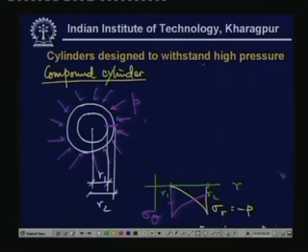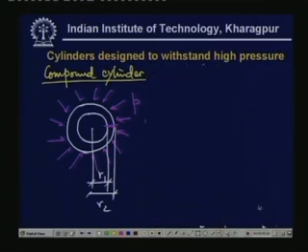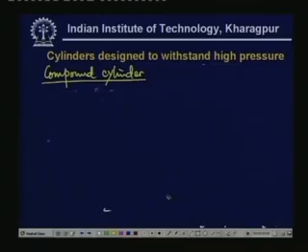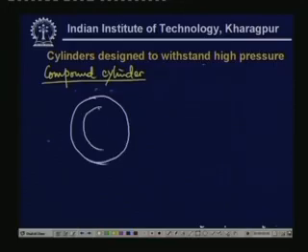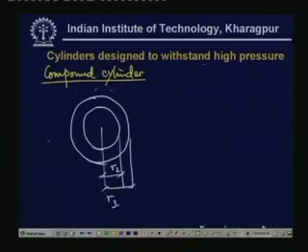Now, for the outer cylinder, again what happens is that for the outer cylinder, it has radius, this is R2, which is the same as the outer radius of the inner cylinder, and this is R3, let us say.